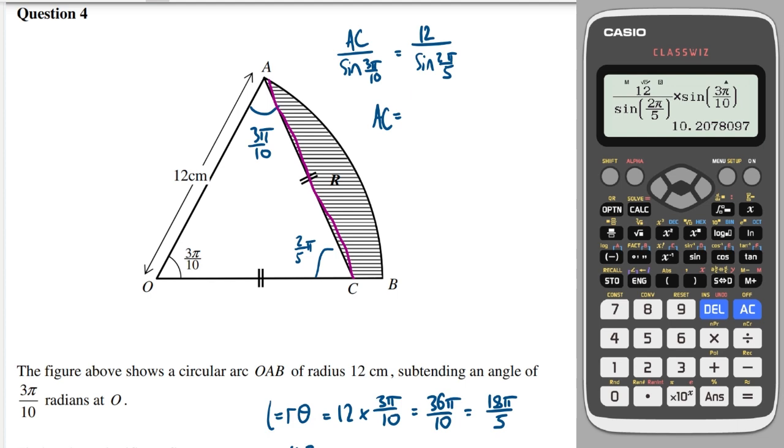Okay, great, so I get 10.2. So that side there is 10.2.